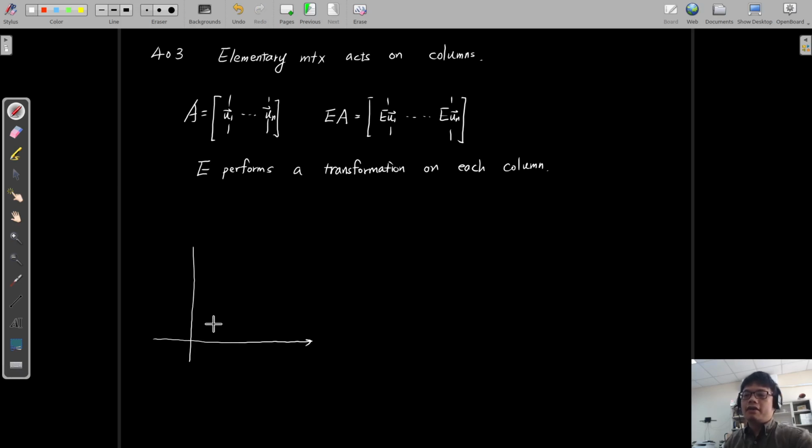Let's say I have a column called U1 and it is 2, 2, 1. Alright, and then I'm going to multiply this column by an elementary matrix which is called E. E is equal to 5, 0, 0, 1.